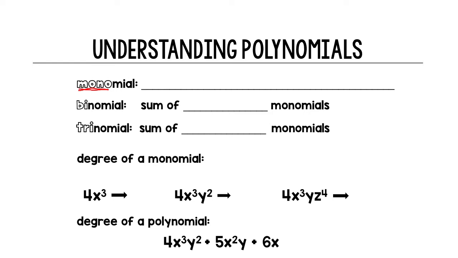Monomial. We love Latin here in mathematics, and we have this monomial that is a constant or a variable or, got lots of ors here, the product of constants and variables.